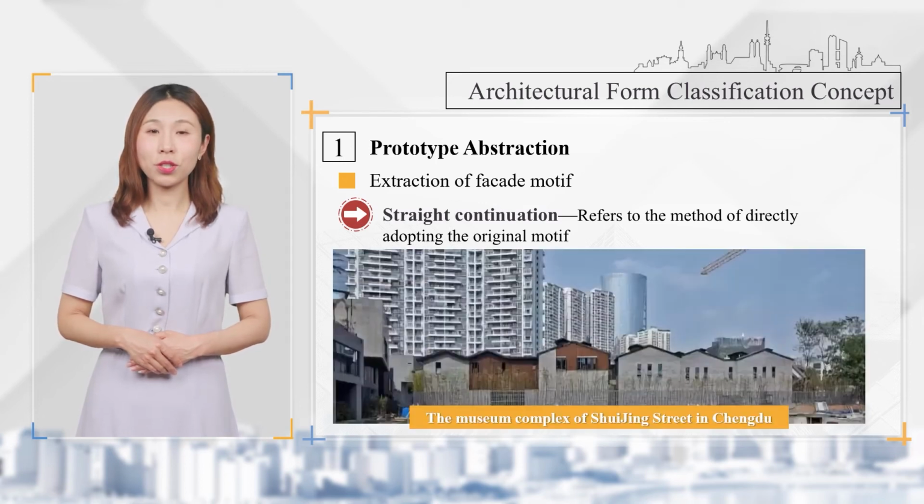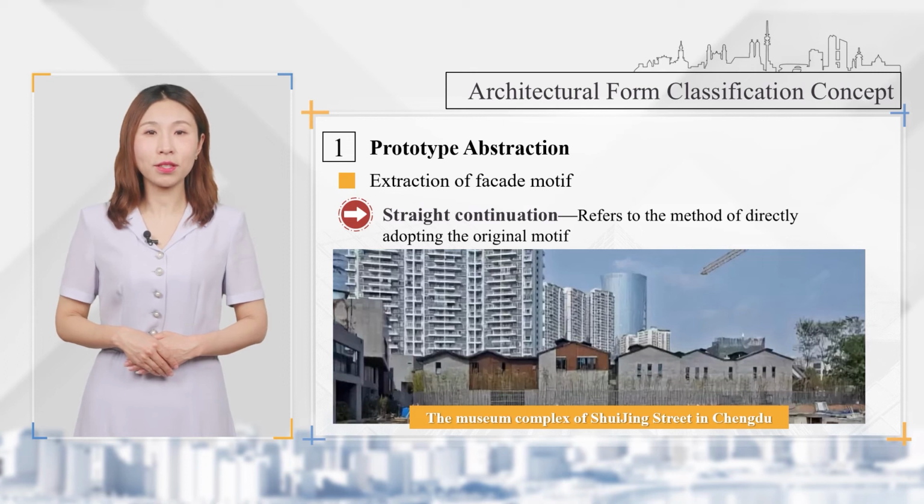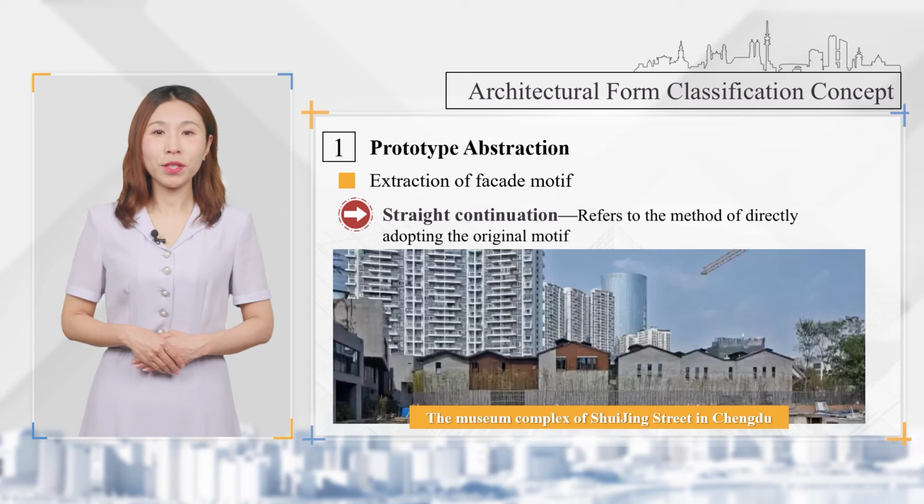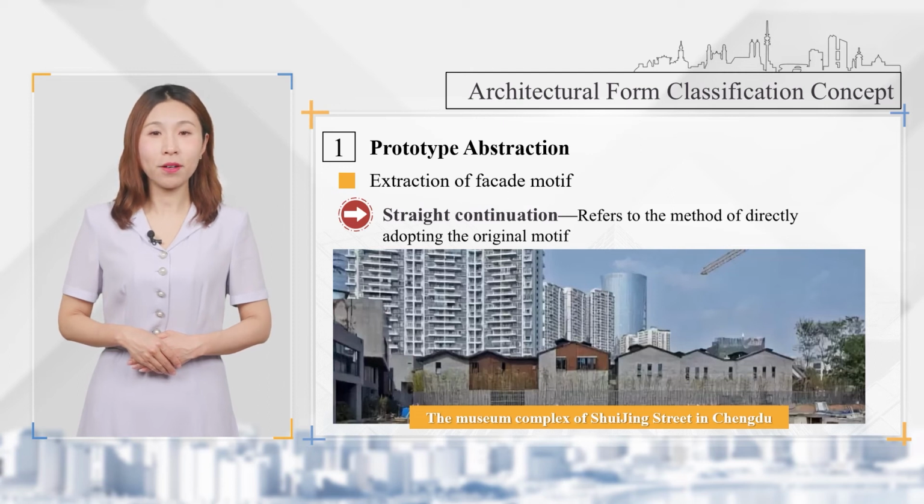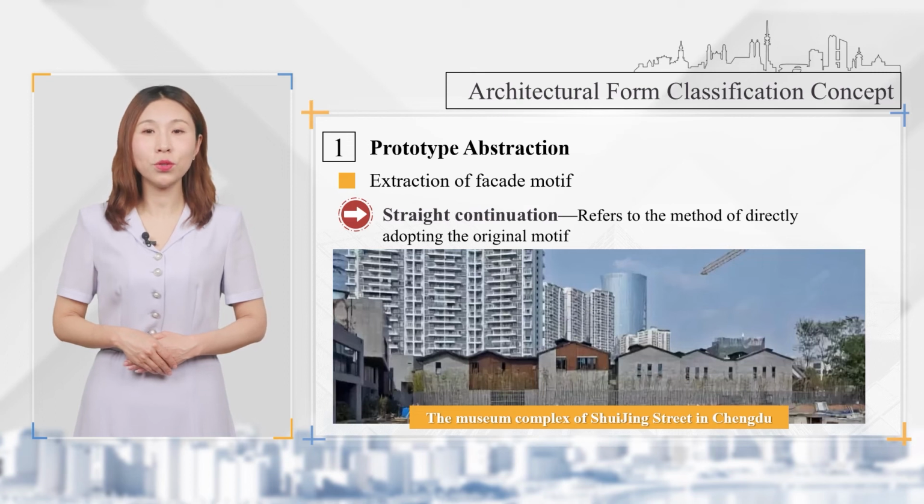This picture shows the museum complex of Shijing Street in Chengdu. It is located in the historic district of Shijingfang in Chengdu. The new factory building adopts the method of continuation of traditional facade and roof.